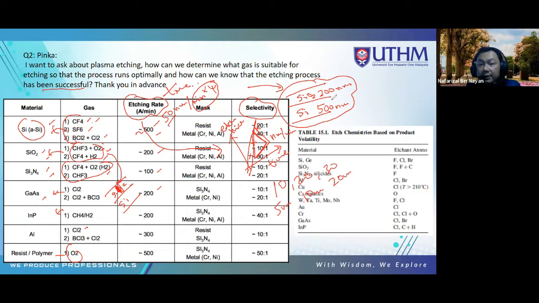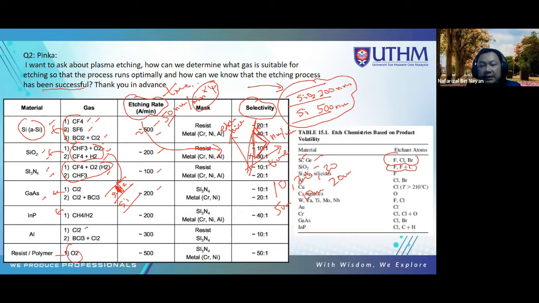So if you can see here in this table, I also show some other materials and some other etching atoms. For example, for silicon and germanium, we need a fluorine base and chlorine base. Silicon dioxide, we need a fluorine base.